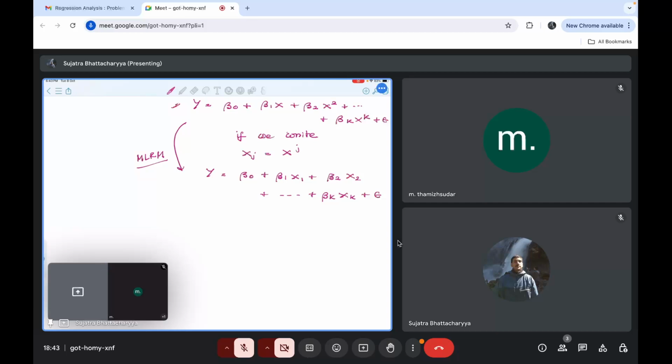Okay. So this is fine, and we generally keep the order of the polynomial regression model very low. The order of polynomial should be as low as possible.